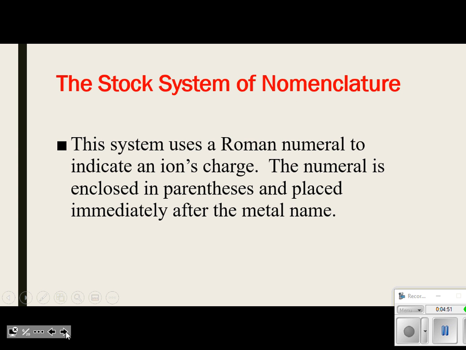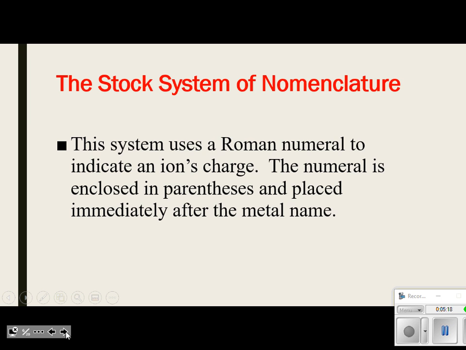The stock system uses Roman numerals to indicate the ion's charge. The numeral is enclosed in parentheses and is immediately after the metal. So if we would have iridium, parentheses, IV, IV is the 4, so that would have told you that that was iridium 4.